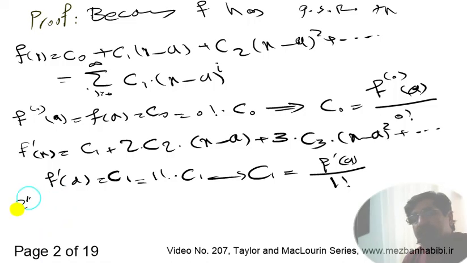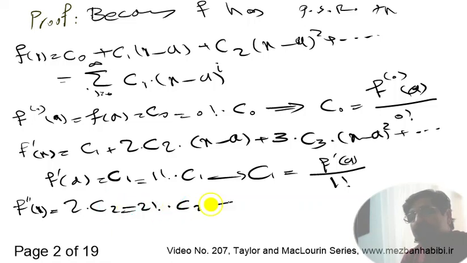The next derivative, the second derivative of f at x: the derivative of c1 is 0, so 2 times c2, that is 2 factorial times c2.